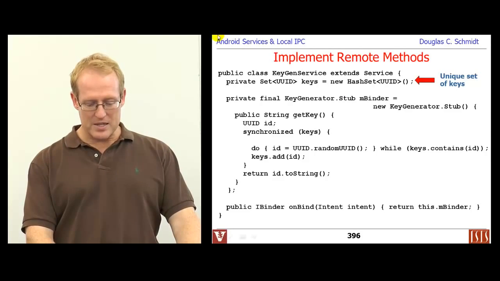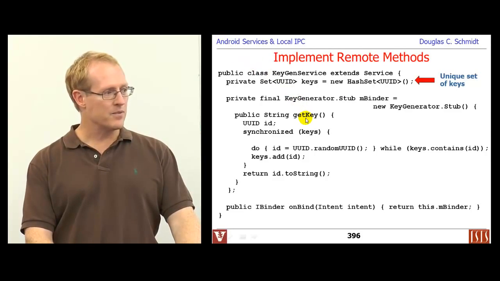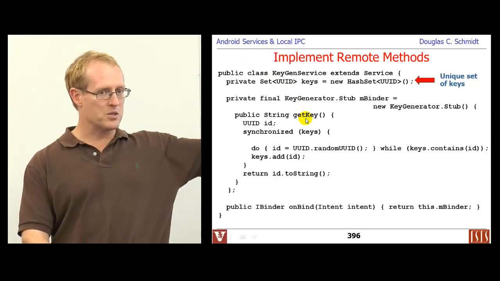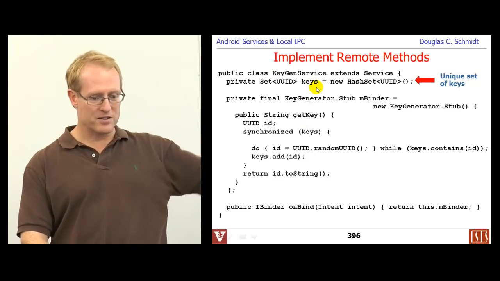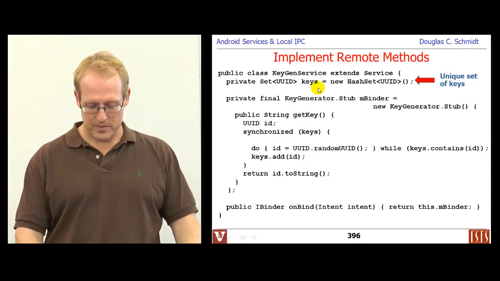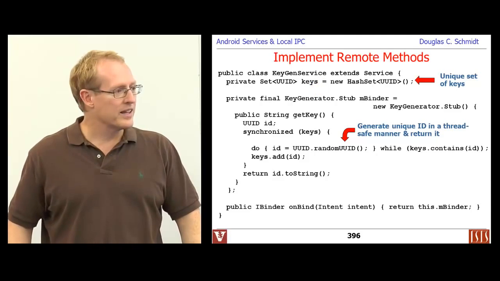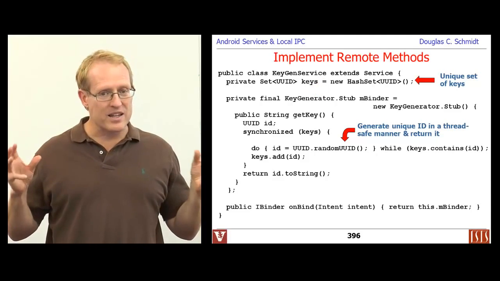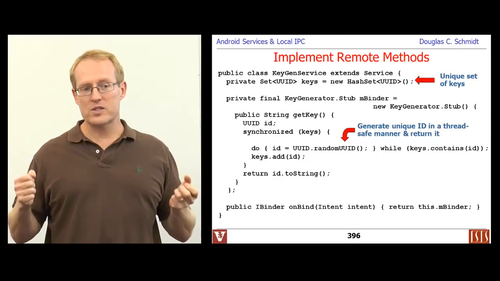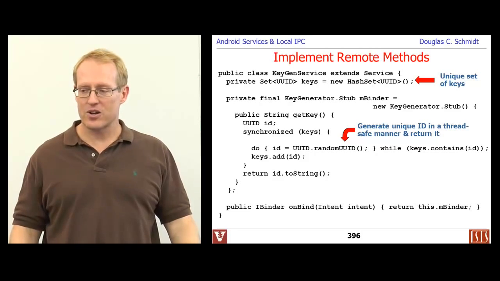That's the guy that does the heavy lifting of all this stuff. And as you see, it has a method called getKey, which is going to be exposed out to the interface of the KeyGenService. And when getKey is called, keep in mind, what's the context that getKey is called in?